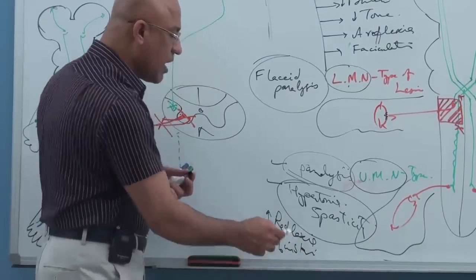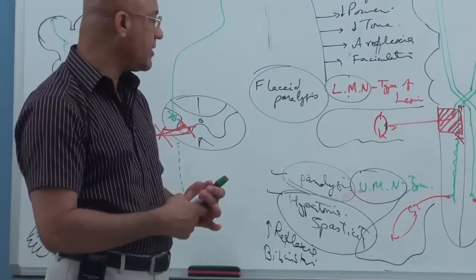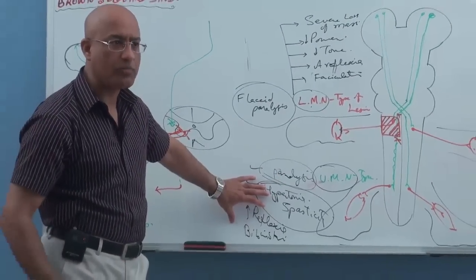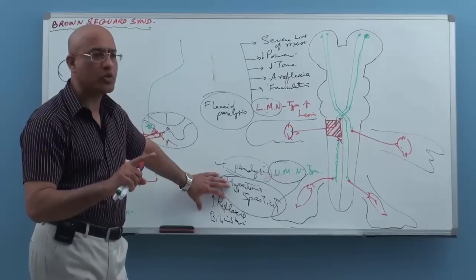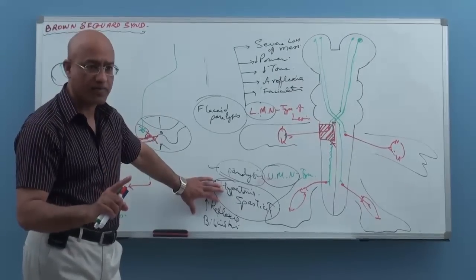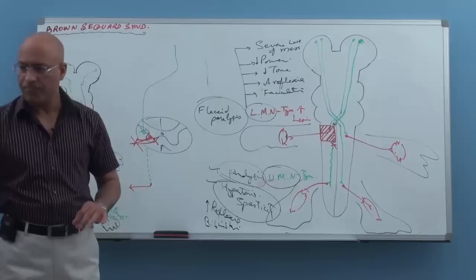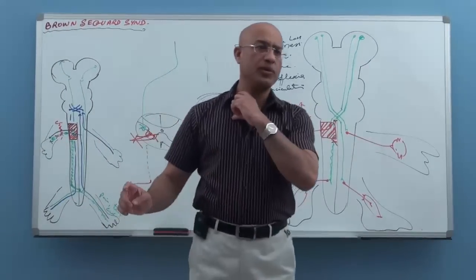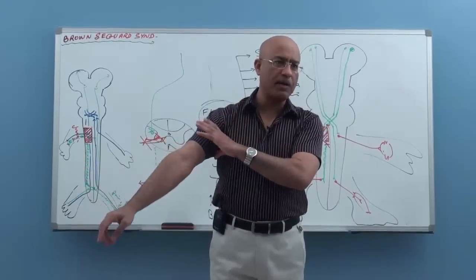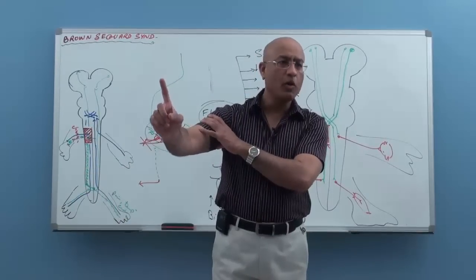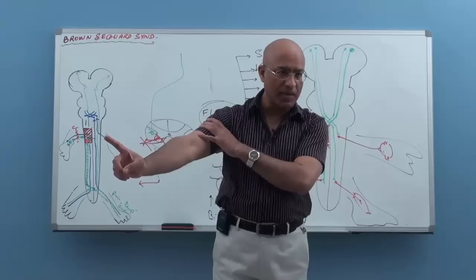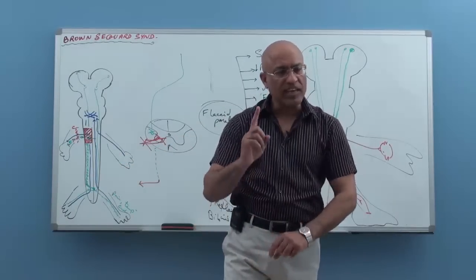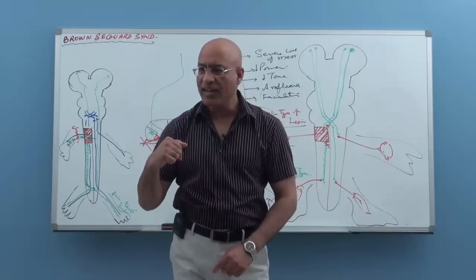Babinski sign. Now I will not go into detail of the Babinski sign because I have discussed all these in detail in the previous lecture on upper motor neuron and lower motor neuron and their lesions. I will just tell you briefly, right? In a patient where the lesion is at the cervical cord, the upper limb shows signs of lower motor neuron damage, and the lower limb will show the signs of upper motor neuron damage.